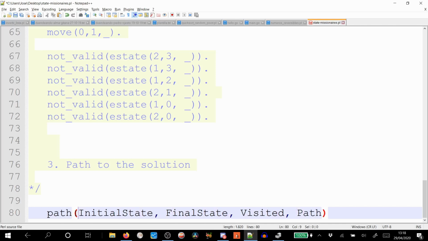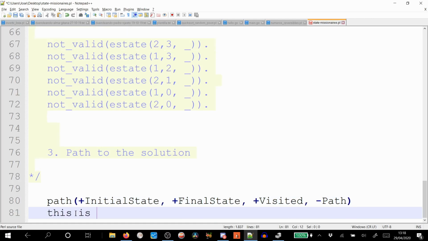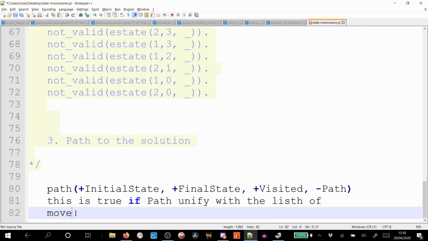These are inputs, and this is an output. It is true if the path unifies with the list of movements to go from the initial state to the final state.